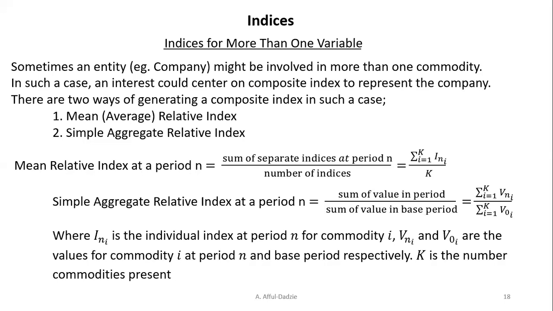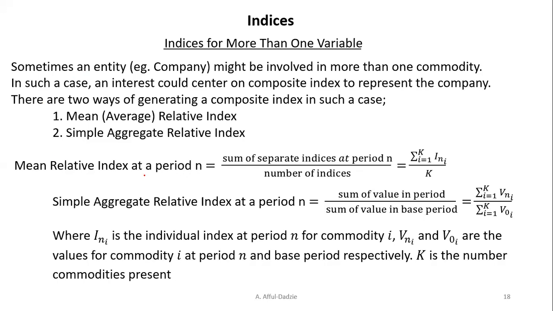And normally this is what you get when we do the consumer price index, when they say you take a basket of commodities. So if we're interested in finding the indices for, let's say, vegetables, we can take the most bought vegetables, tomatoes, onions, pepper, put all of them together into one basket and then find their aggregate or their simple mean relative. Let's just see how it works, straightforward.